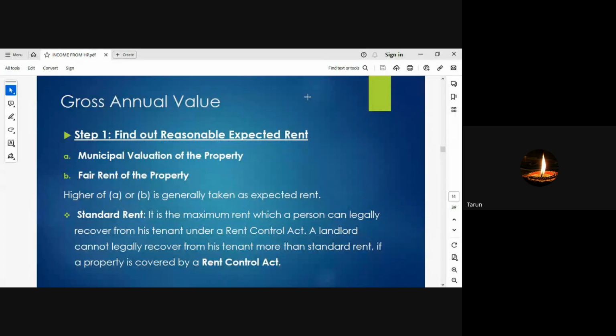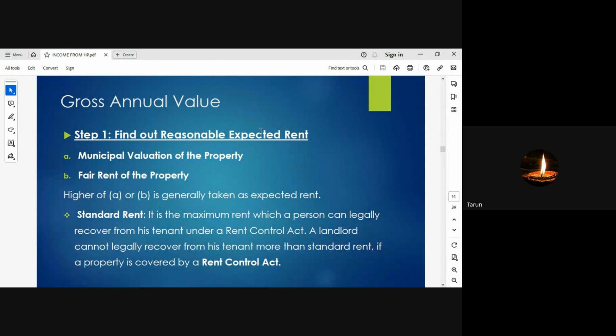Suppose the expected rent is 2 lakh, but the standard rent limit is 1 lakh. Then the expected rent to be considered is 1 lakh only, because the expected rent should not exceed the standard rent. We will get more clarification when we come to the practical questions.